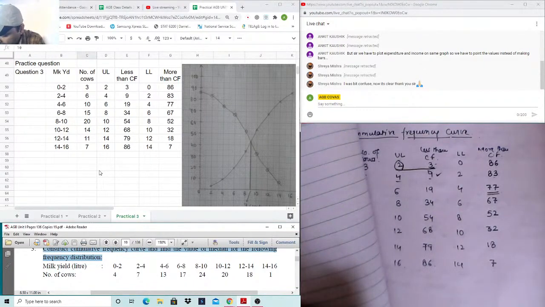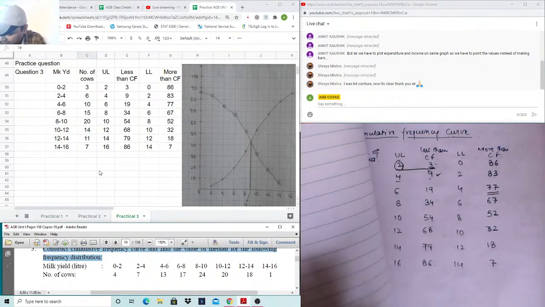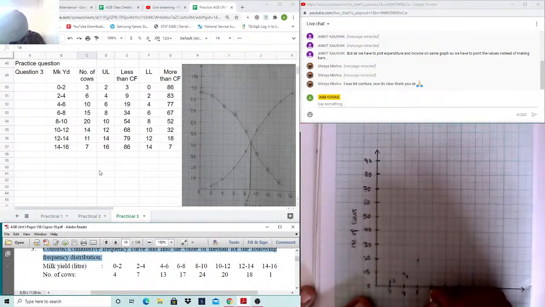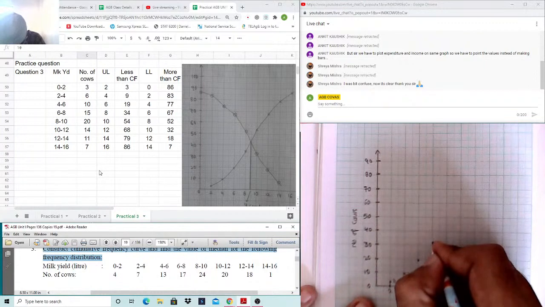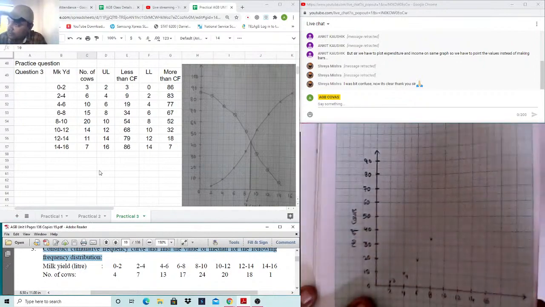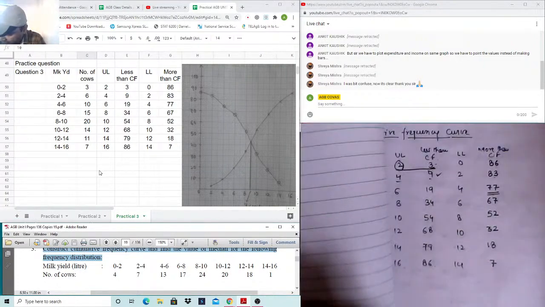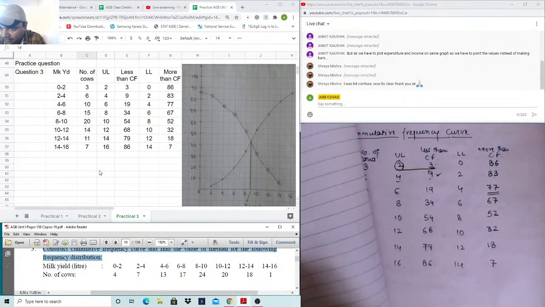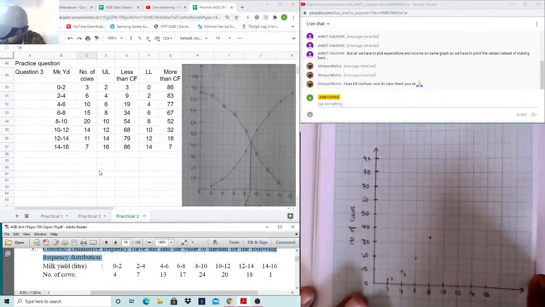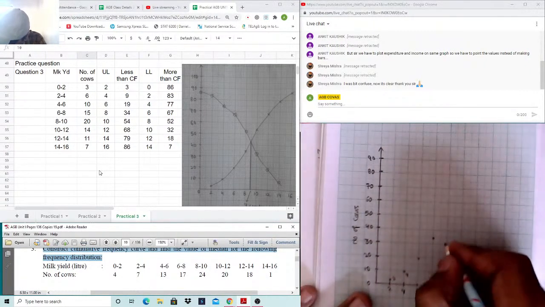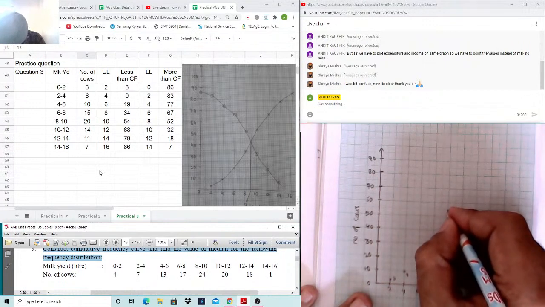Then at 8, it is 34, somewhere here. Then at 10, it is 54, here.